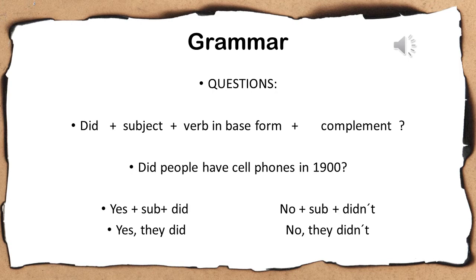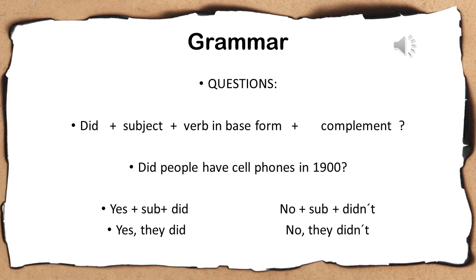And then we can have two different possible answers, positive or negative. If it is positive, the structure is yes plus the subject plus did, or if it is negative, the structure is no plus subject plus didn't. As an example, we have yes they did or no they didn't.